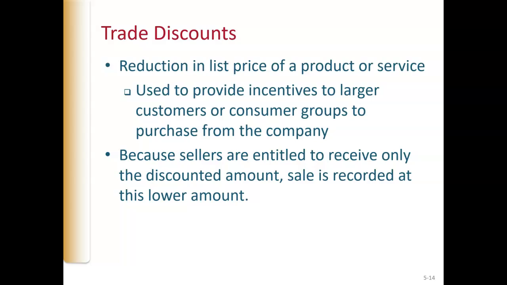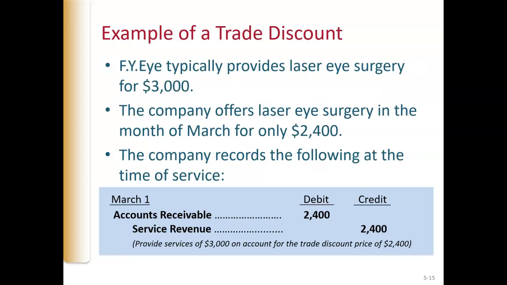A trade discount is a reduction in the list price of a product or service. It's used to provide incentives to larger customers or consumer groups to purchase from a company. Since sellers are entitled to receive only the discounted amount, the sale is recorded at this lower amount. Here's a great example of this.